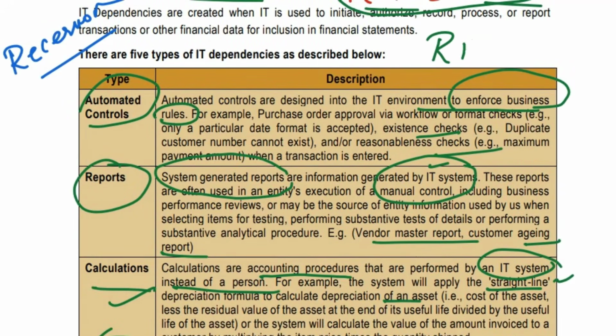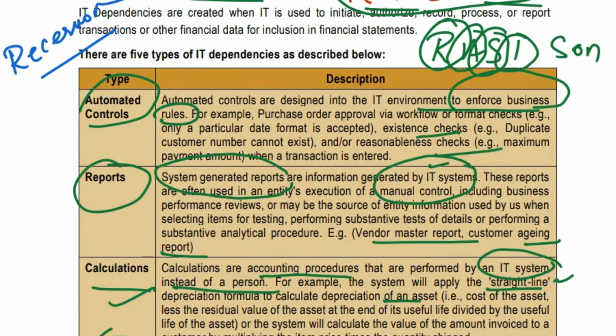Again, I'm saying RASIC, R stands for reports. Reports is nothing but your system generated report. A stands for automated controls. Automated controls are those designed into the IT environment to enforce the business rules. S stands for security. Security is the segregation of duties that restrict the access to information.